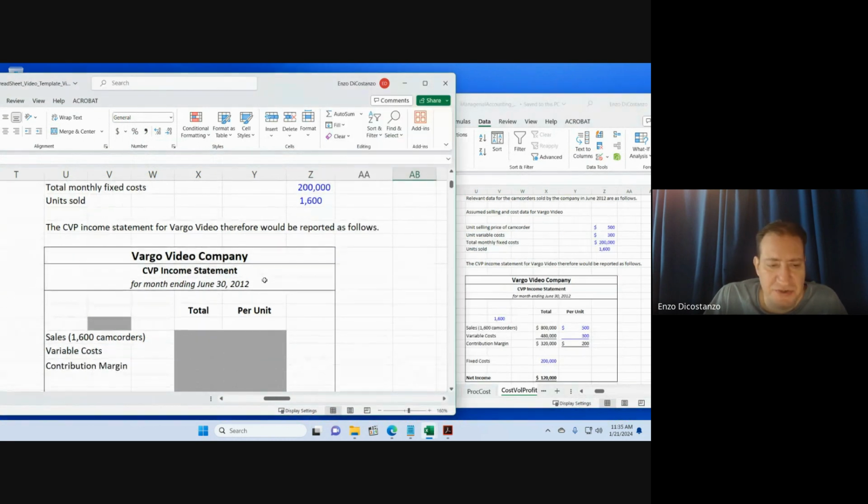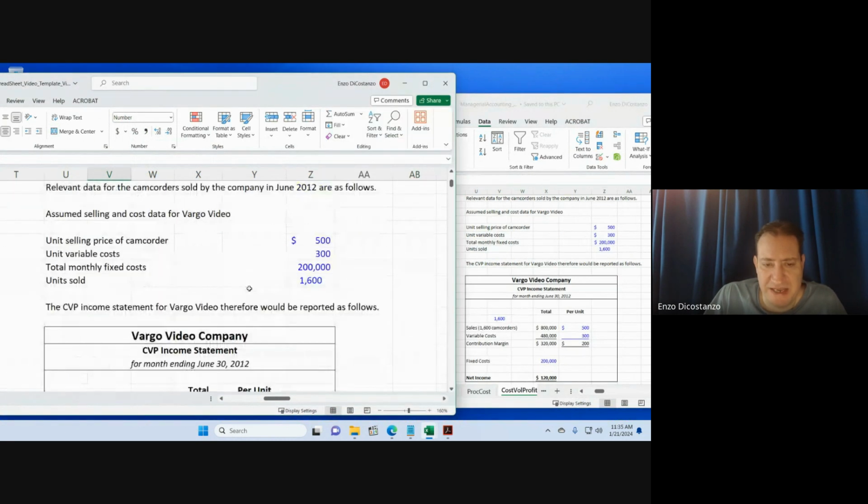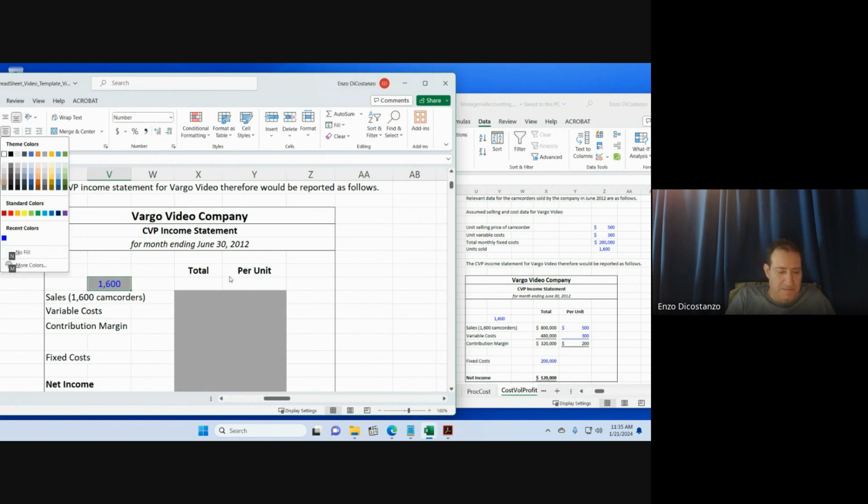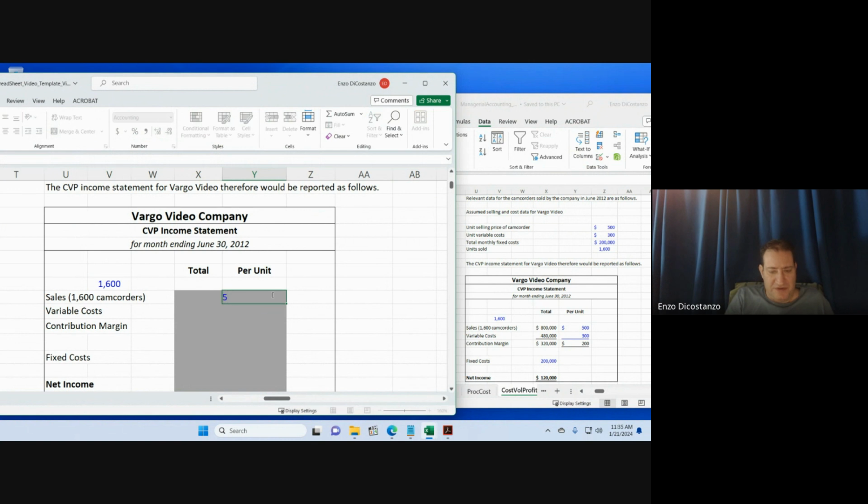And here's the beginnings of your income statement now. And again, this is what people will pay you to understand. I'm always going to say that often. 1,600 units of these things being sold. The per unit price is 500. The variable cost is 300. So you're going to net out by just subtracting them.